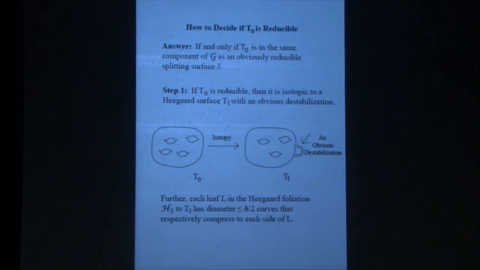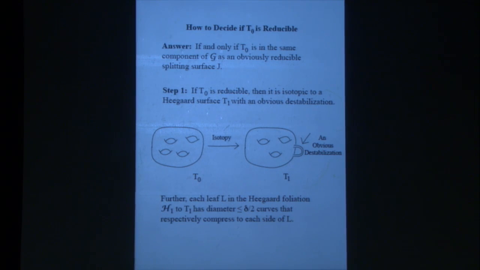So that was a brief discussion of how to decide whether two things are isotopic. And here's the question: how do you decide whether a Heegaard splitting is reducible? You can imagine here's this complicated manifold, and here's the surface, and as far as you can tell, it looks irreducible.